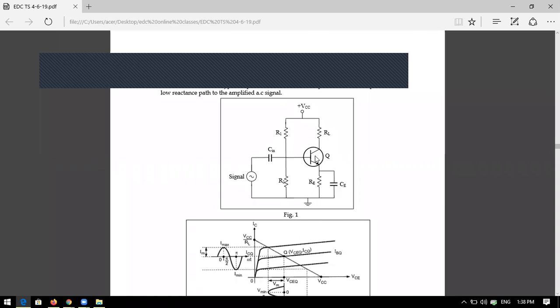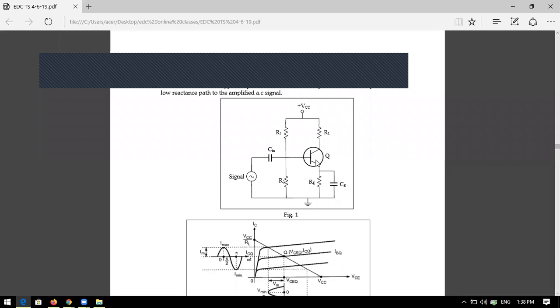If you are using a normal BJT, a normal transistor, then you call it a CE amplifier. If the transistor Q is a power transistor, then you call it a class A power amplifier. You know very well what the power amplifier and the voltage amplifier are. Here the power BJT, or power transistor, has a beta value less than 50.